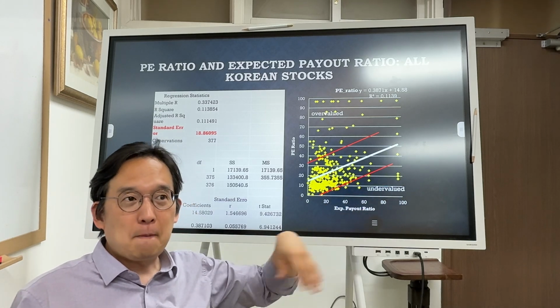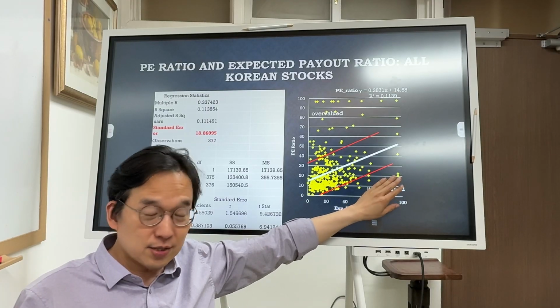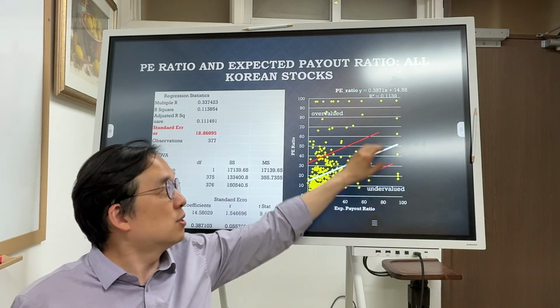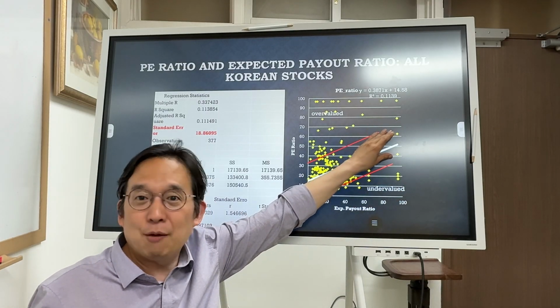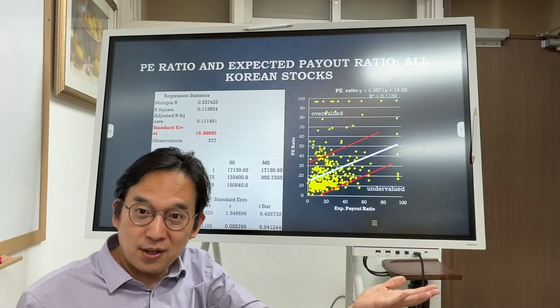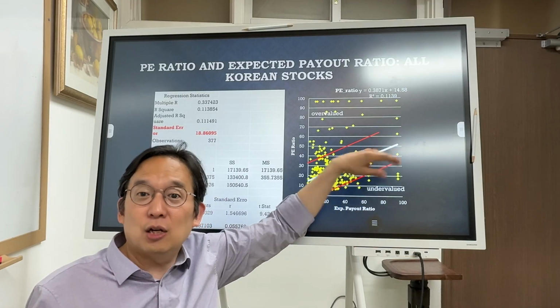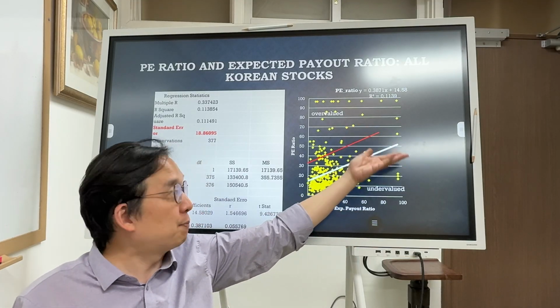Okay, these deserve your money to invest. But if the company is located over here, I would not jump in, because it's just a good company, not necessarily a good stock. They are correctly priced, efficiently priced.